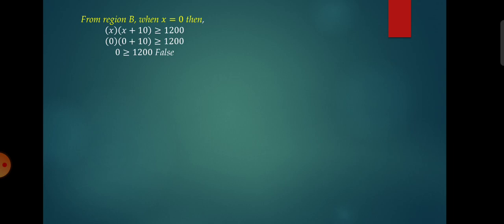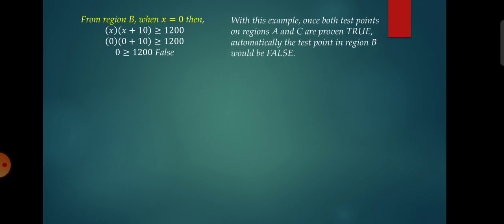So is 0 greater than 1,200? No. Neither is 0 equal to 1,200, so both are false. With this example, once both test points on regions A and C are proven true, automatically the test point in region B would be false.